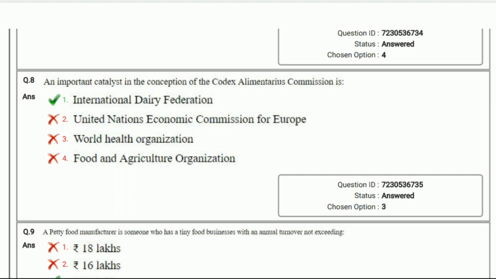This is how the International Dairy Federation catalyzed the concept of the Codex Alimentarius Commission. Basically, the rules, regulations, and standards made by IDF were modified, and they made the base of the Codex Alimentarius Commission's standards. So the answer is 1.